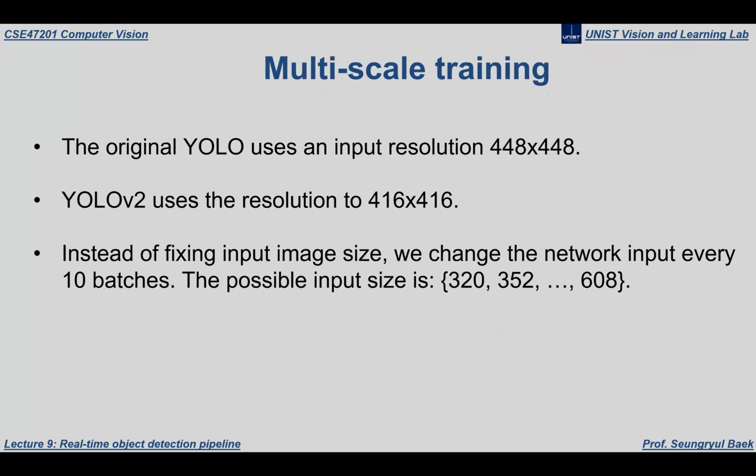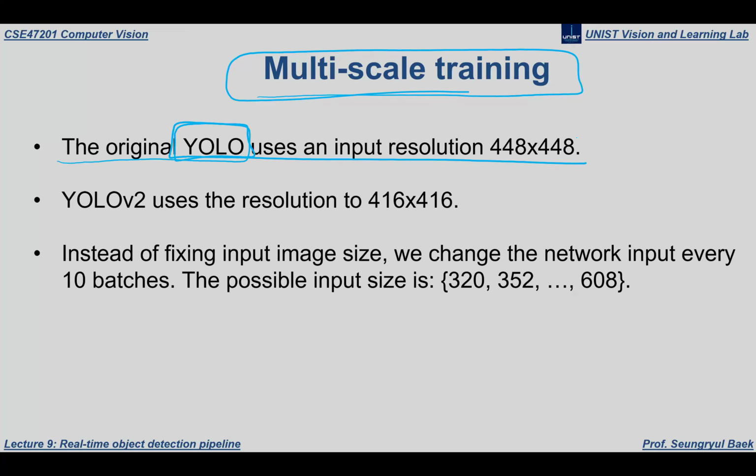Also, as I told you, multi-scale training is an efficient way to raise the performance of the object detector. Original YOLO version 1 uses an input dimension of 448 by 448.